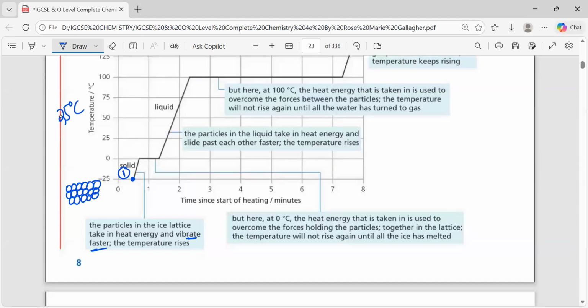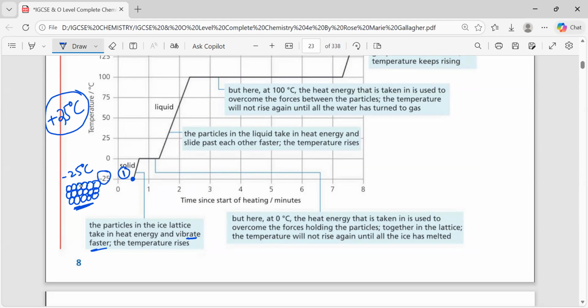Initially the ice was at minus 25. If you compare minus 25 with plus 25, you can get the idea that plus 25 degrees is a higher, hotter temperature as compared to minus 25.